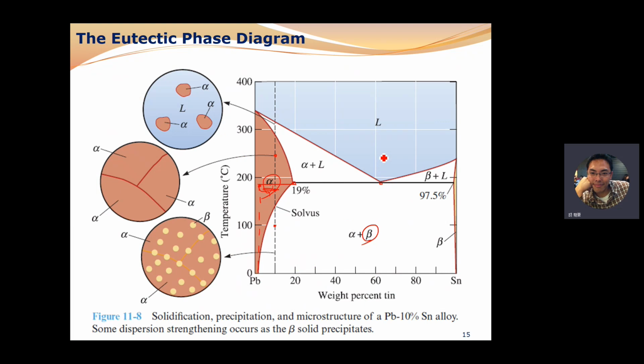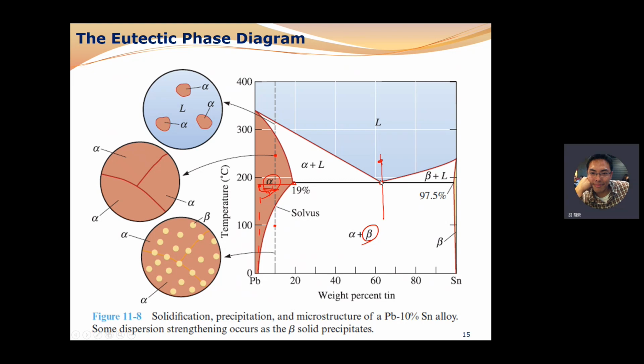If we look at this eutectic reaction and heat this alloy above 183, it will transform into liquid immediately. Therefore, this point is its melting temperature for the eutectic reaction.